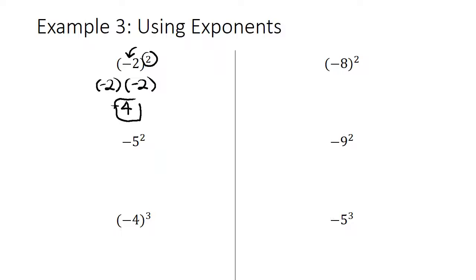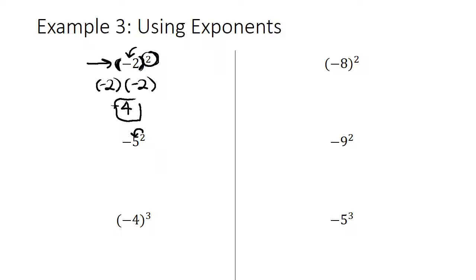Now, this is where we need to be careful, because these parentheses allow this exponent to square this whole expression right here, this negative 2. But when we don't have those parentheses, we need to be careful because this 2 only goes with this 5 right here.